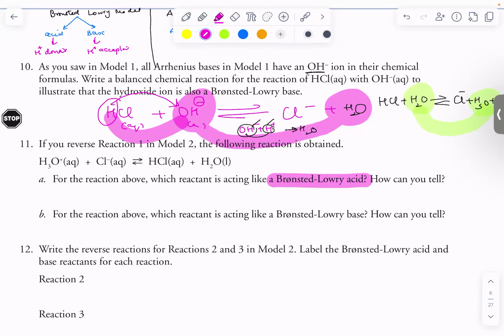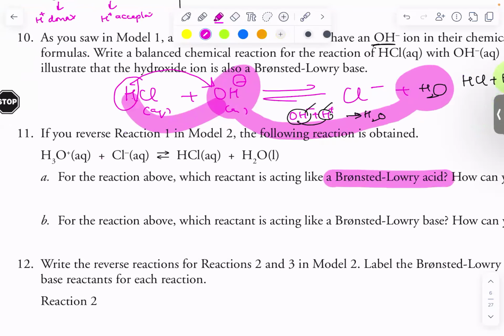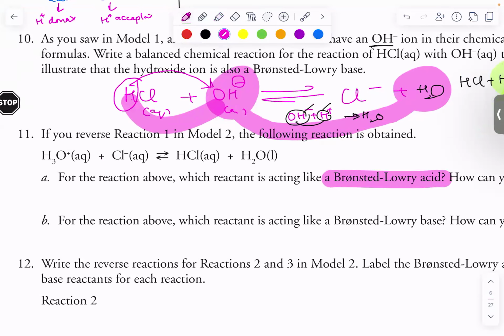The Bronsted-Lowry acid is H3O plus, because it is donating hydrogen ion. Well done. To what? To Cl negative. And Cl negative is base, because it is accepting a proton. So this is an acid and this is a base, and chloride ion is going to accept hydrogen ion, and after accepting it changes into HCl.